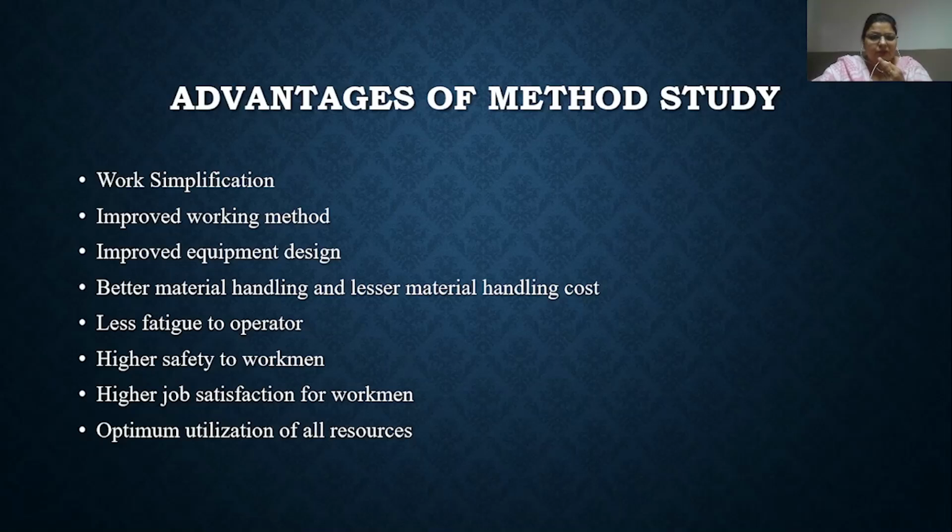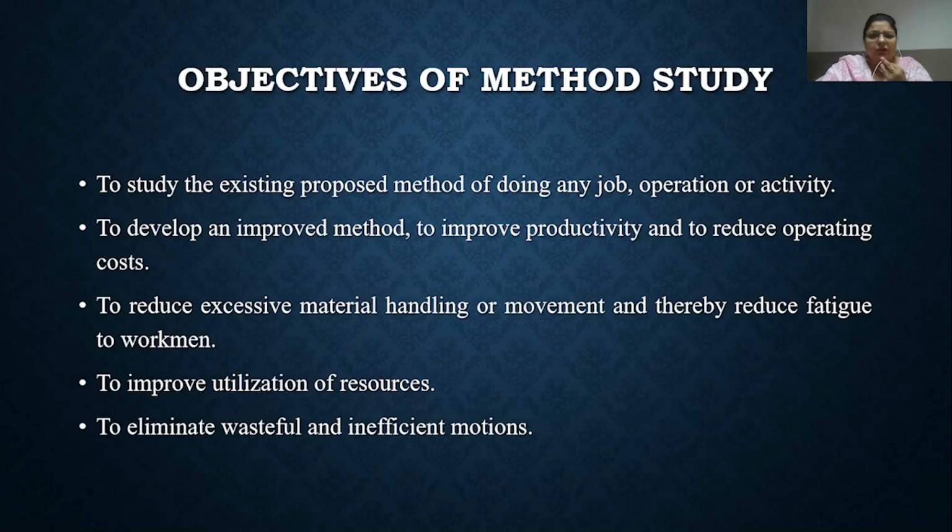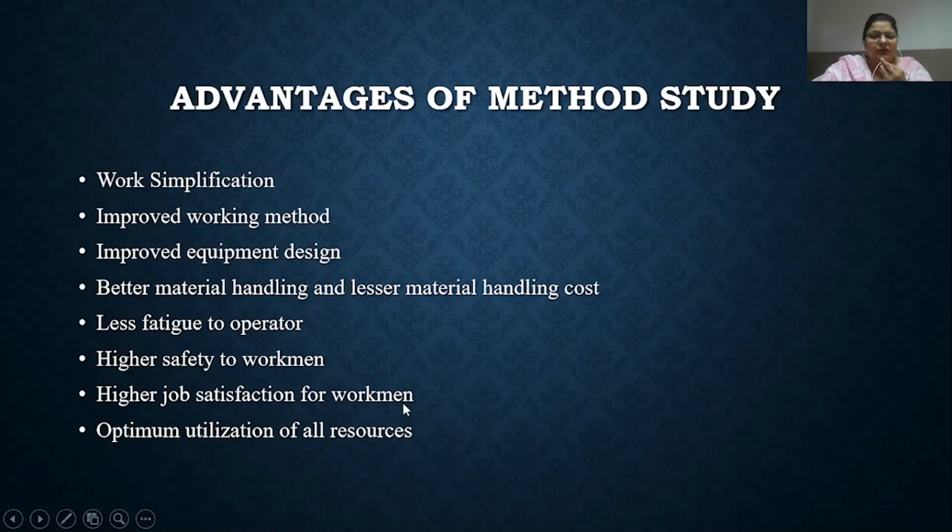Next is higher job satisfaction for workmen. Yes, if the machineries are working well and cannot harm the workers, the working environment is good. It will give prolonged satisfaction to the workers, and they will do the work with motivation. Next is optimum utilization of all the resources. It means we see whether all the resources are properly utilized or not.